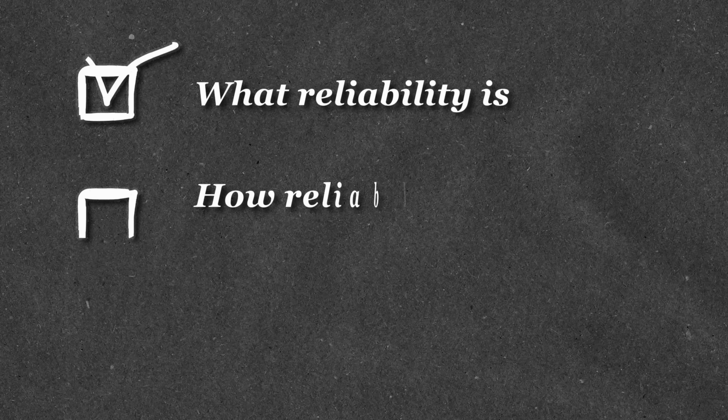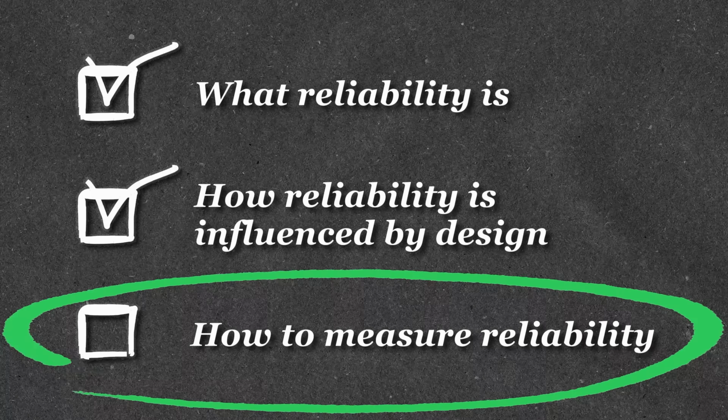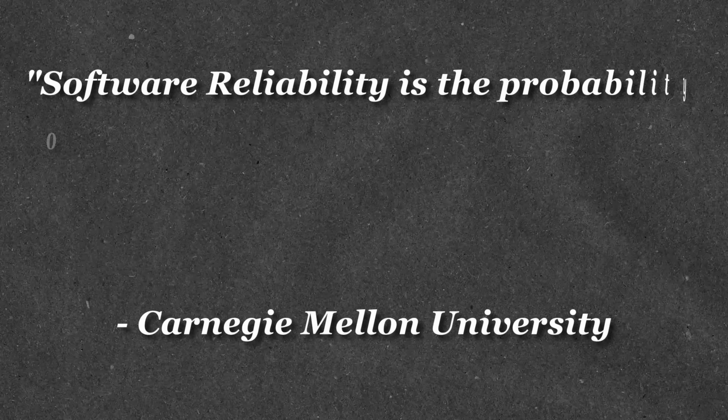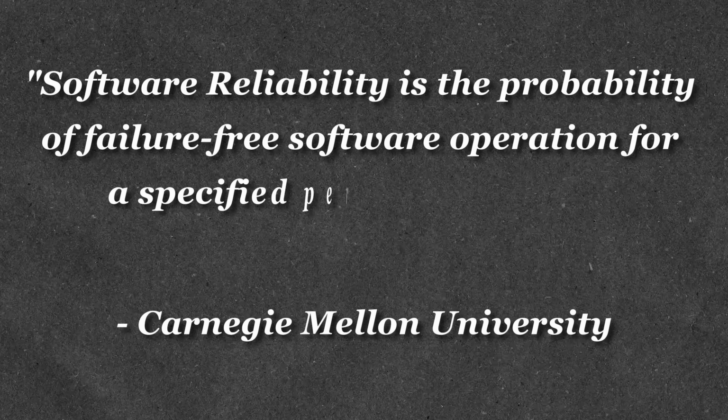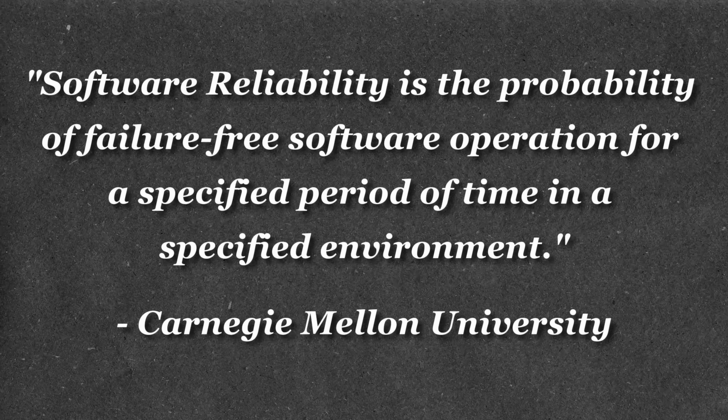Now that we've discussed what reliability is and how reliability is influenced by design, let's discuss how to measure reliability using 2 techniques: service level objectives and service level indicators. If you remember earlier, we defined reliability as the probability of failure-free software operation for a specified time in a specified environment.